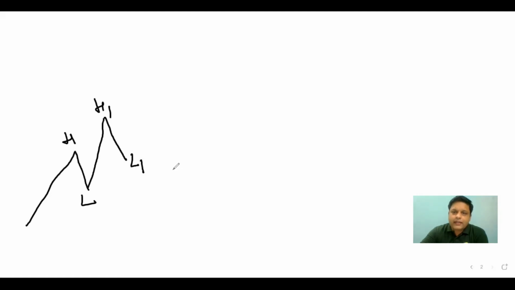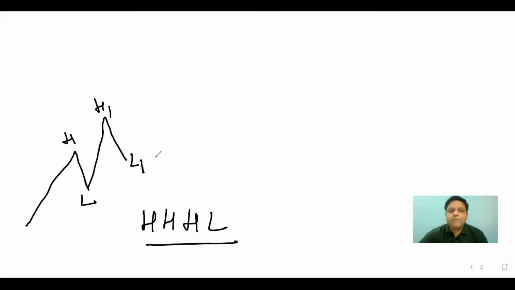We call this an uptrend. Why do we call this an uptrend? Very good. Higher highs and higher lows, right?